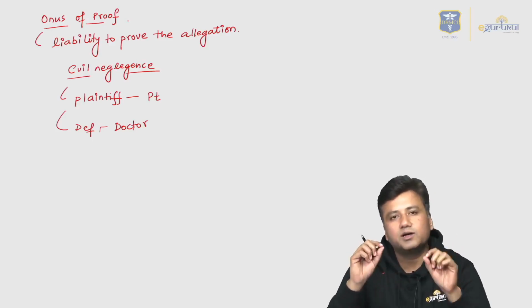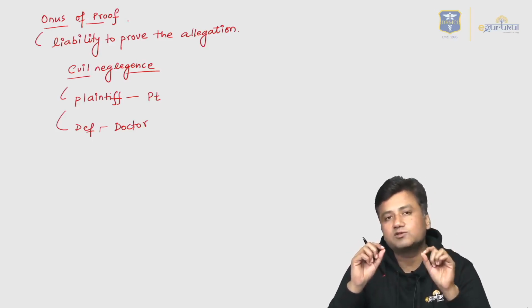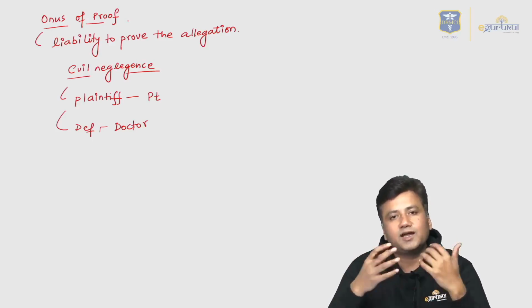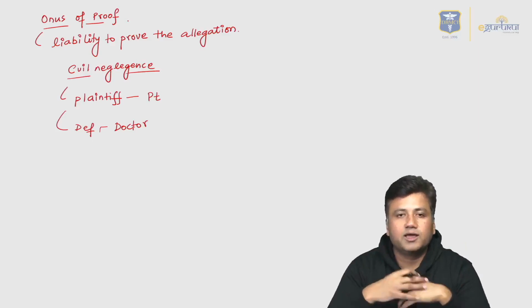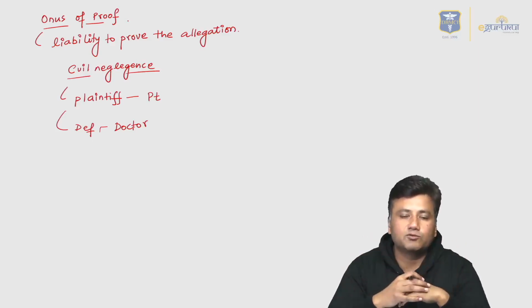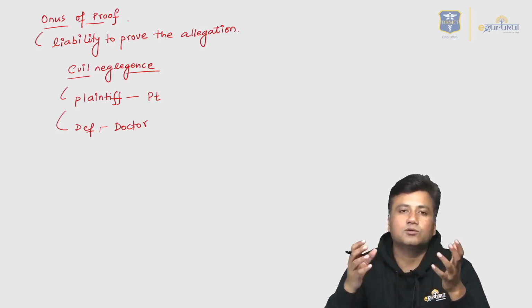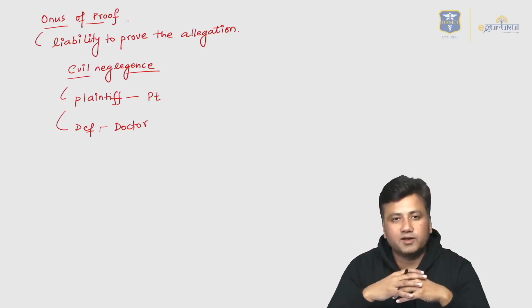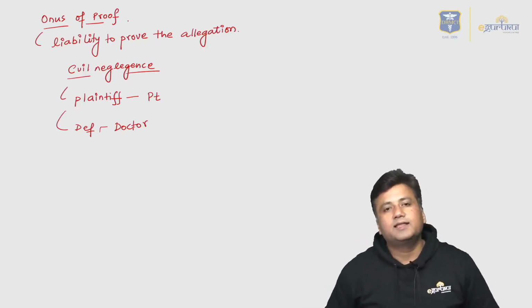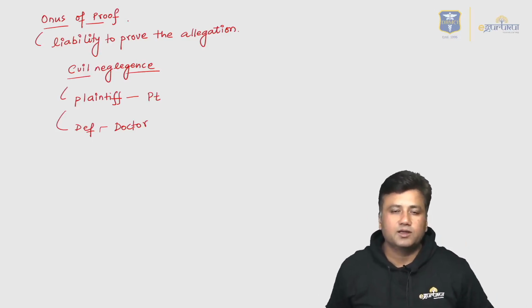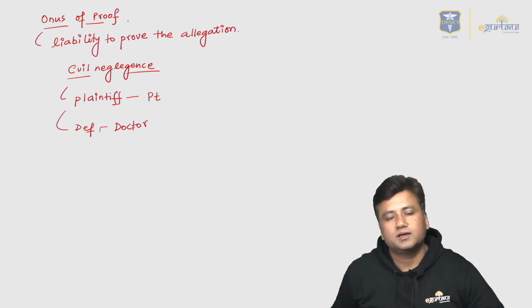It is the burden of the patient to prove that a doctor has been negligent in his treatment by bringing a variety of evidences in his support, and if those evidences are accepted by the court of law, the court may decide what compensation needs to be given to the patient for his suffering because of the negligence of the doctor, and that compensation amount will be paid by the doctor if the patient succeeds in proving his allegation.